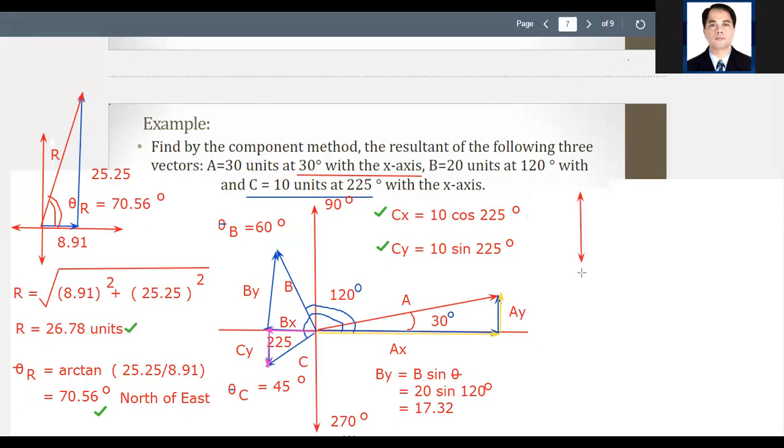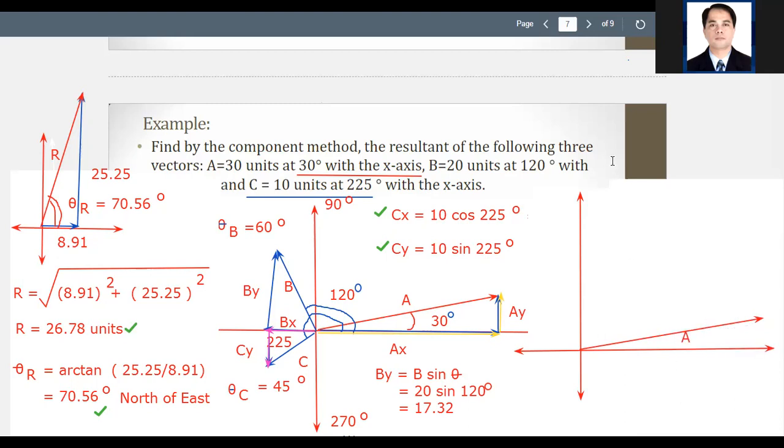We draw our horizontal and vertical lines, start at the origin, and draw A using our scale. The first value is 30 units going 30 degrees. So this is A.